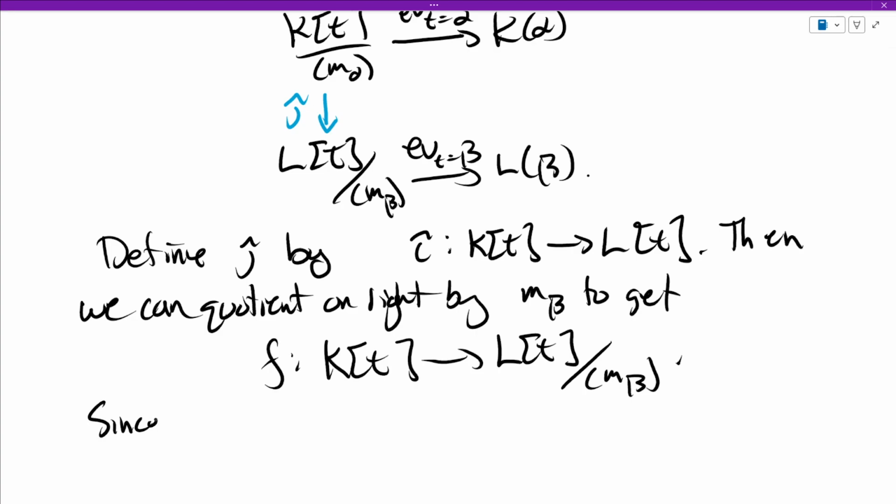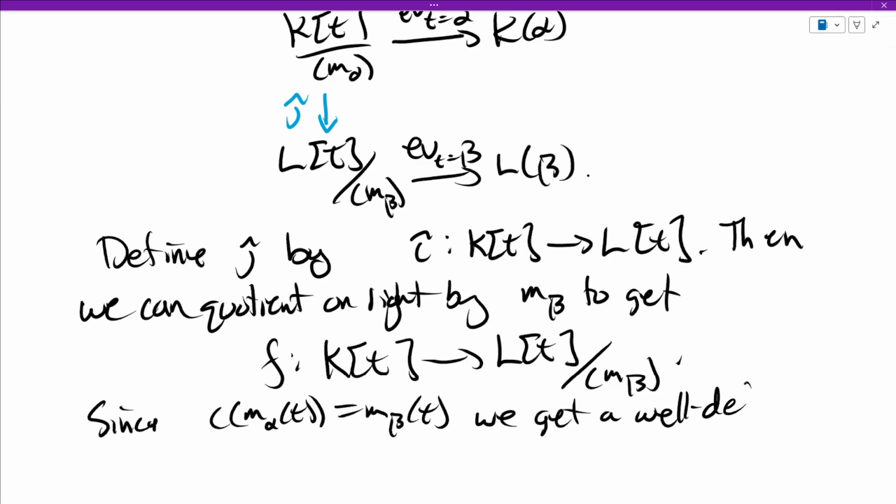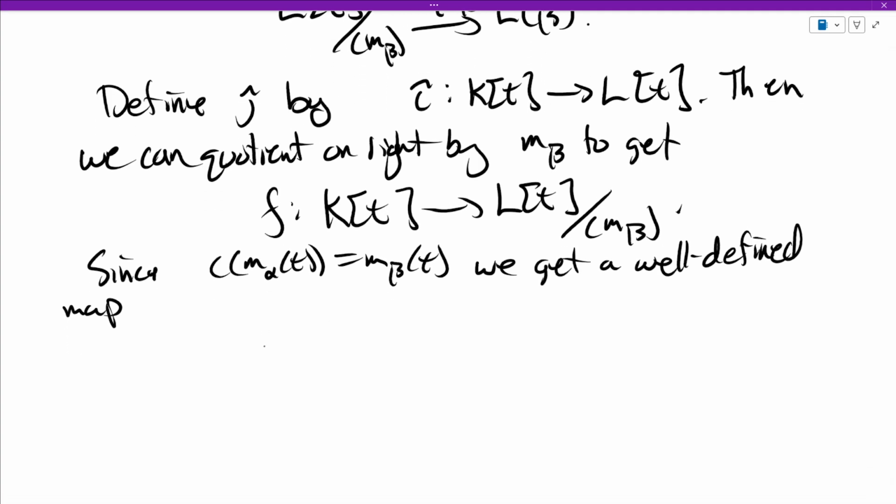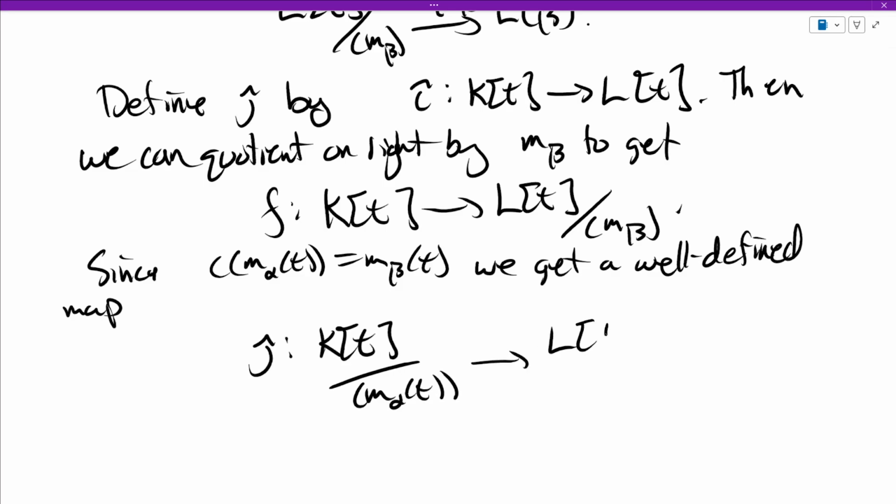Since iota of M alpha of T equals M beta of T, in fact, we get a well-defined map J hat from K adjoin T mod M alpha to L adjoin T mod M beta.